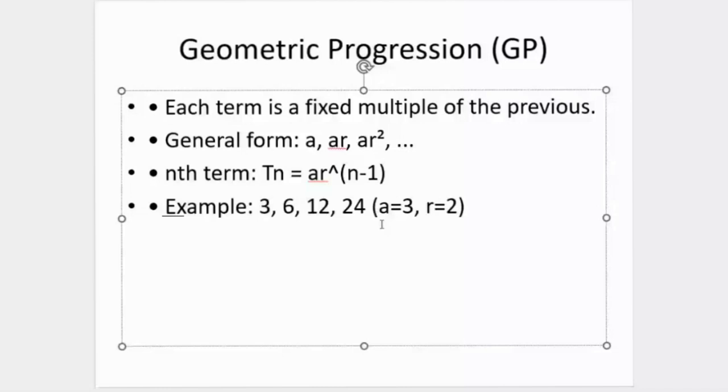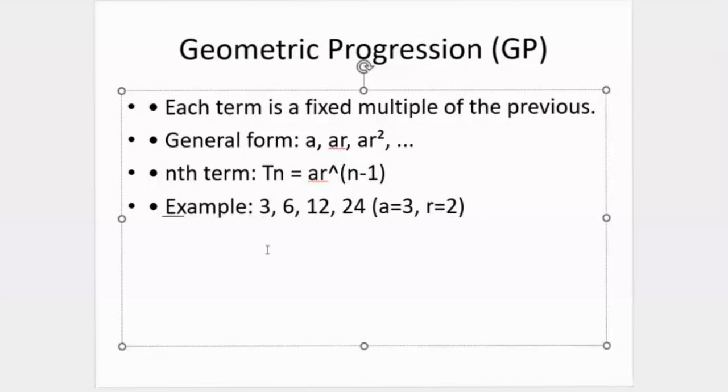If someone were to ask you to find the 10th term of this, instead of writing out 3, 6, 12, 24, 48 until you get to 10, you could simply plug it into this formula. Your 10th term will be a times r raised to the power 10 minus 1, a times r raised to the power 9. And of course, knowing a and knowing r, you can simply put them into the formula and arrive at your answer for the 10th term.